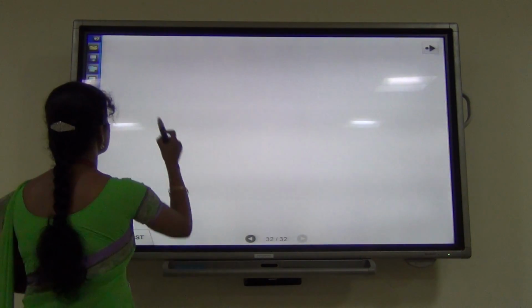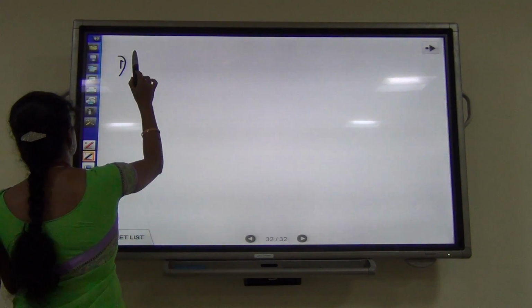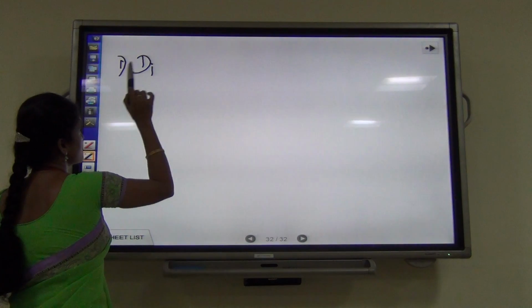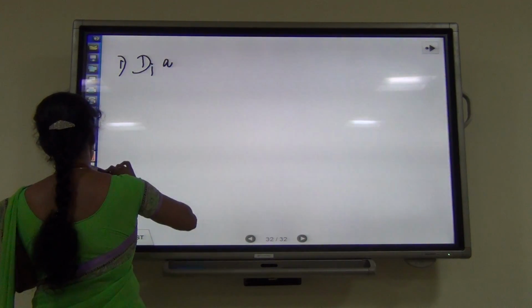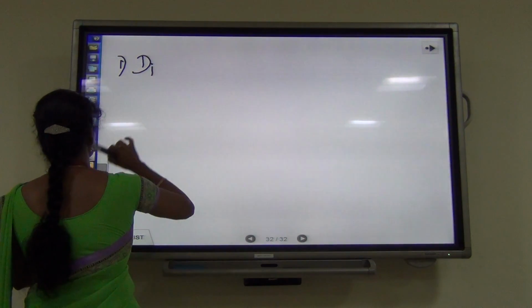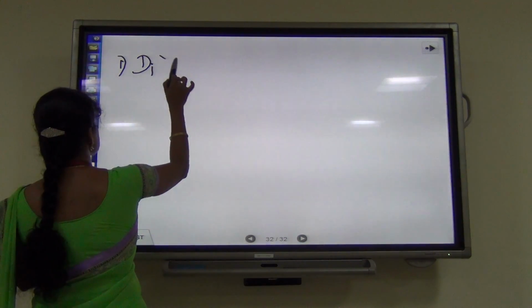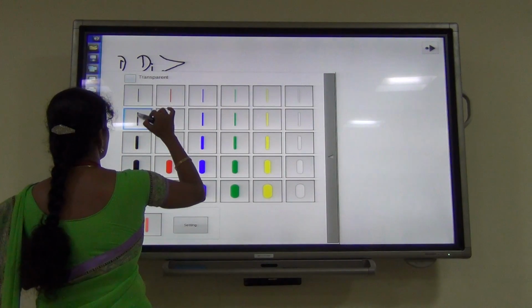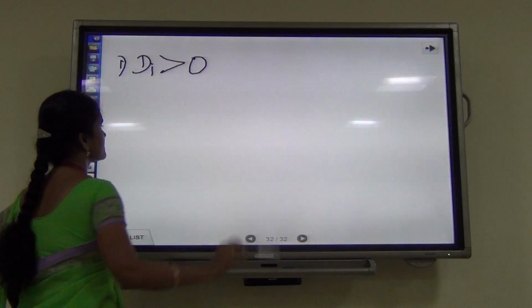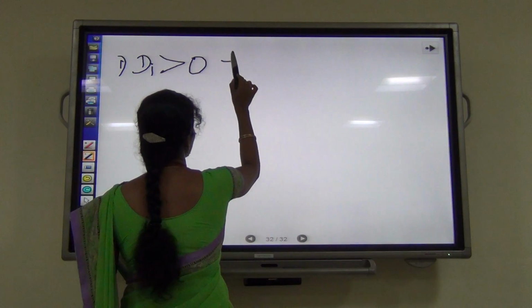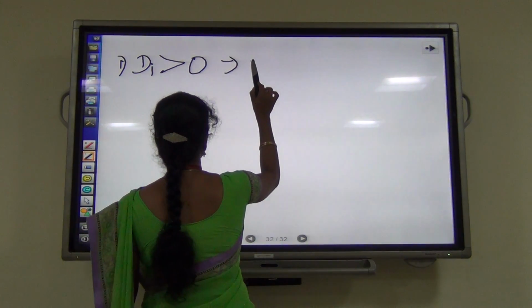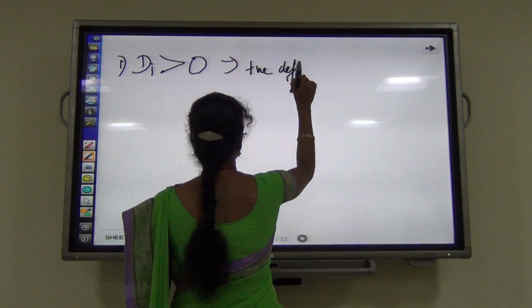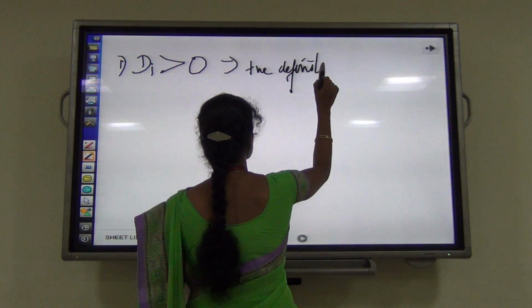The first case is if all Di's are greater than 0, then we can call the nature of the quadratic form as positive definite.